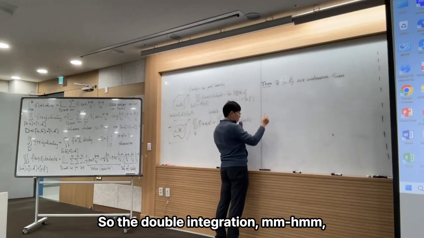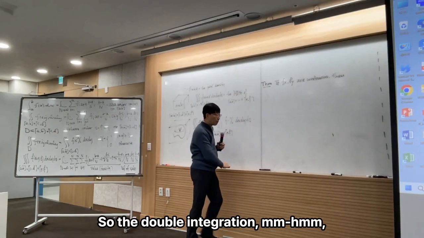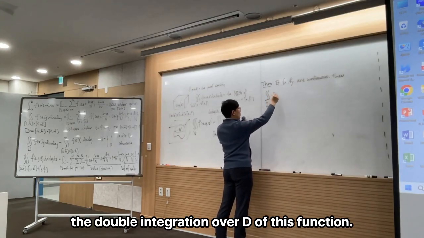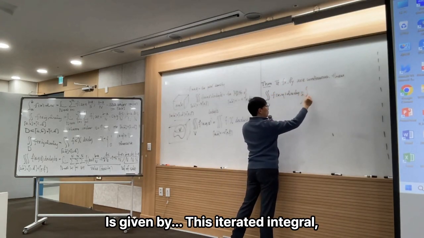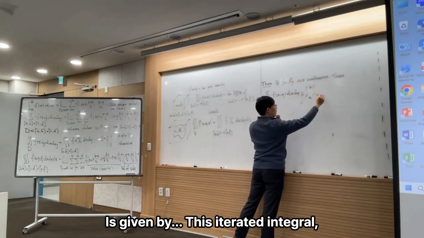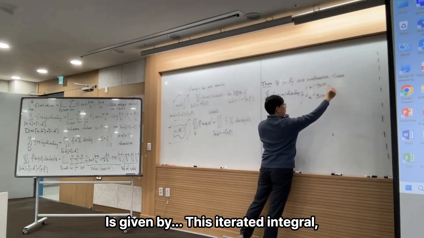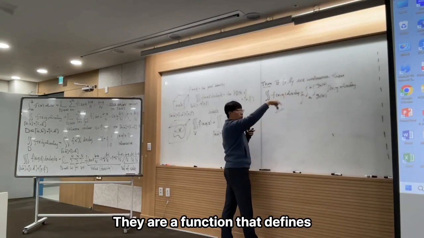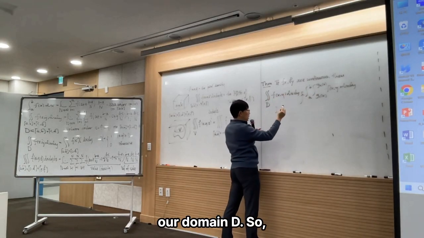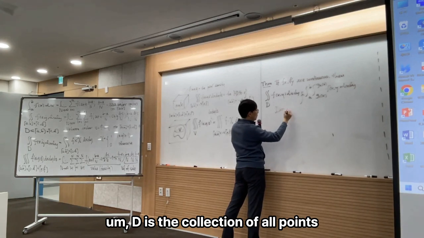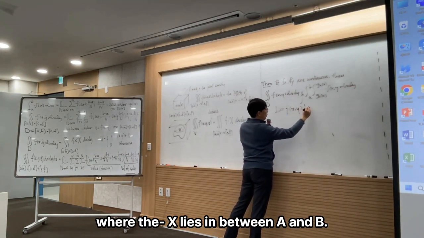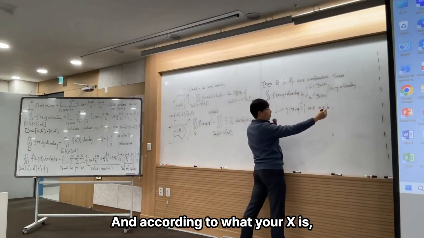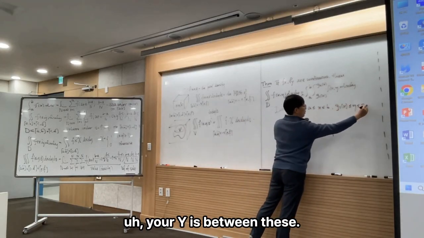So the double integration over D of this function is given by this iterated integral, where D, so what are g1, g2? They are the functions that define our domain D. So D is the collection of all points where x lies in between a and b, and according to what your x is, your y is in between these.